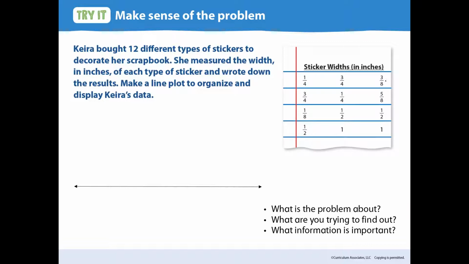But I see that the biggest one here is eighths, and so I think eighths is what I'm going to use. It's kind of the same as what we did on the last problem. We'll divide this up just the same way. So here's 0, and then 1, 2, 3, 4, 5, 6, 7, 8/8.